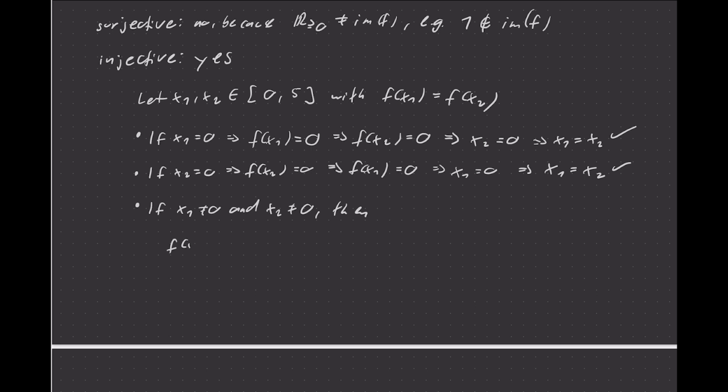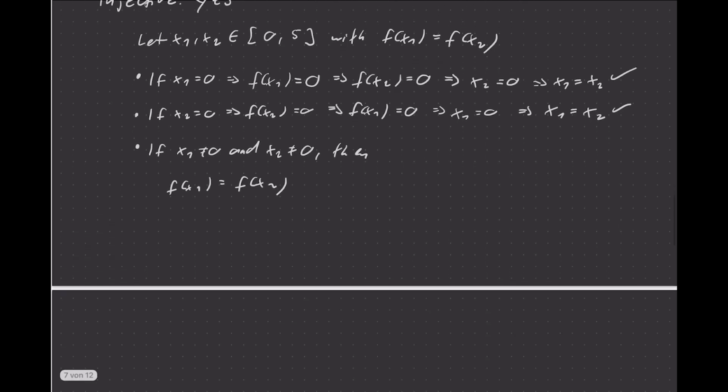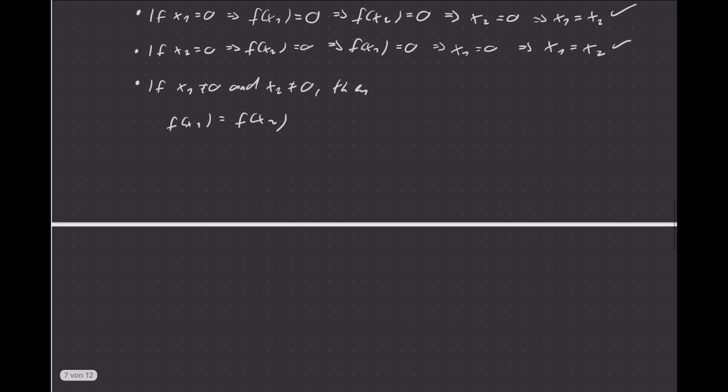we know that f of x1 is equal to f of x2, and now we have a formula that we can use. So if x1 and x2 are not 0, then we can just use the formula for our function, that is 5 plus 2x1 equals 5 plus 2x2.